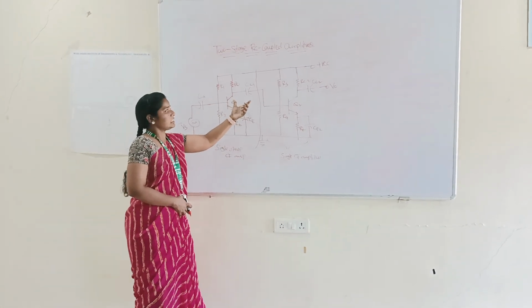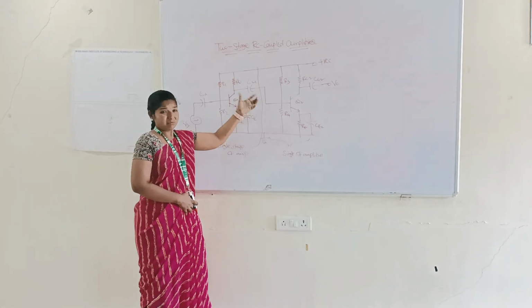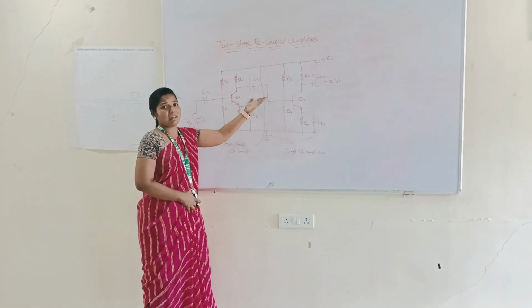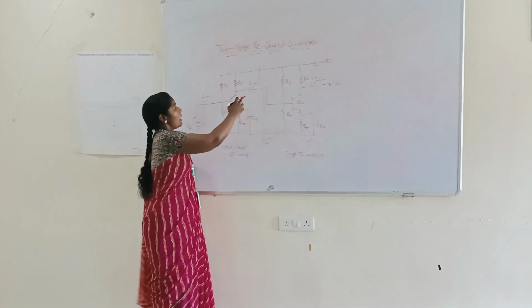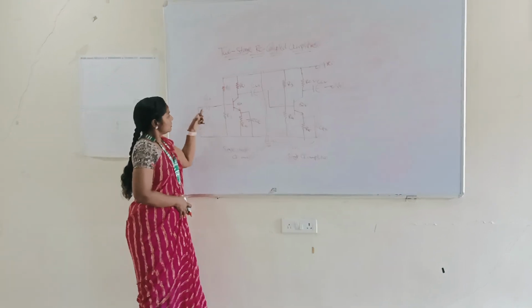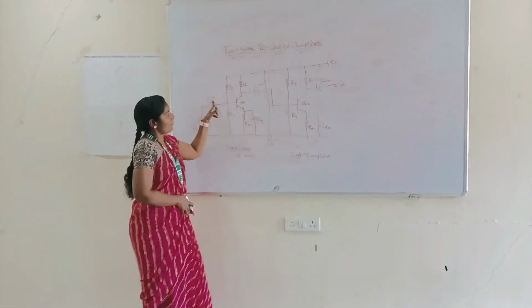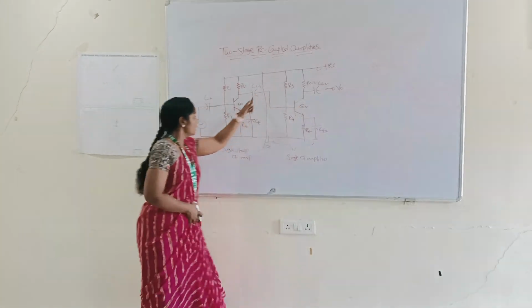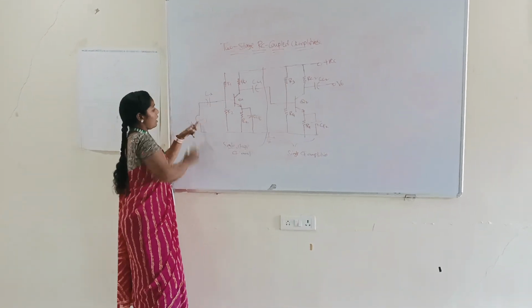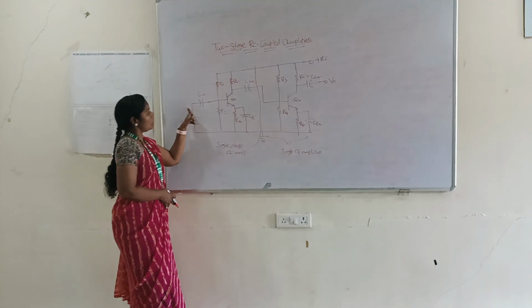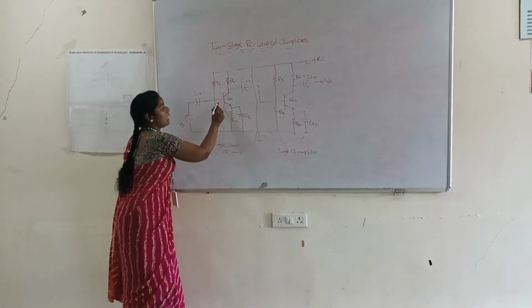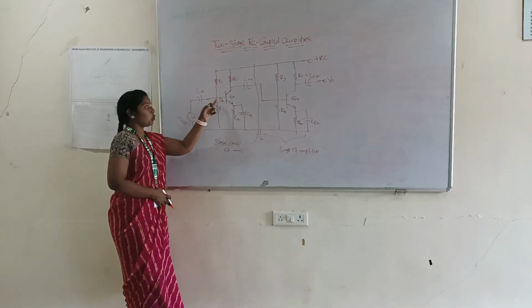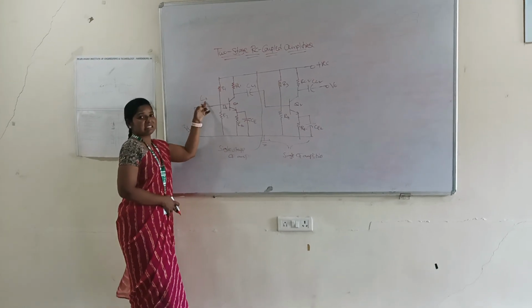The capacitor is used to allow the AC and block the DC. That means CI is the coupling capacitor, CC1 is the coupling capacitor, CC2 is the coupling capacitor. In this, we are coupling the input voltage to the base terminal of the transistor Q1 through the coupling capacitor CI.